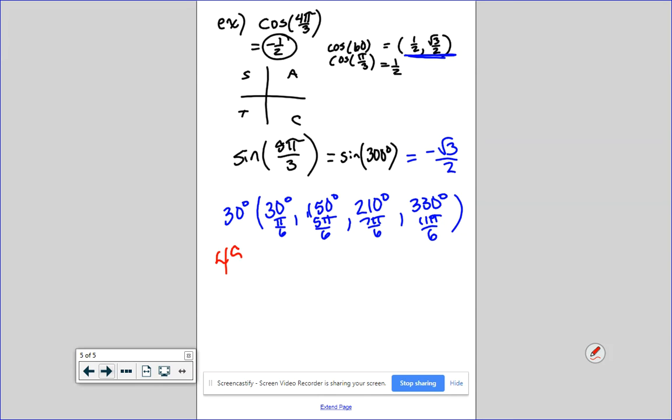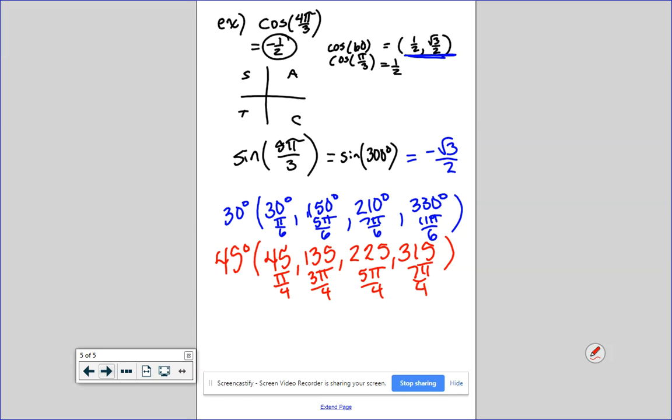The 45-degree bow tie is 45, 135, 225, and 315, or everything over 4. So the 30-degree bow tie, all of those have values that are over 6.